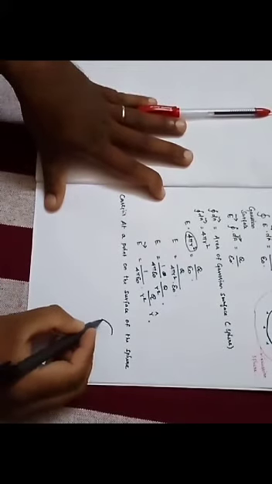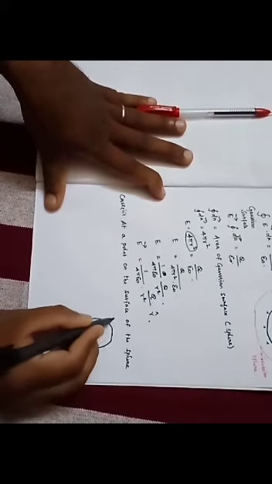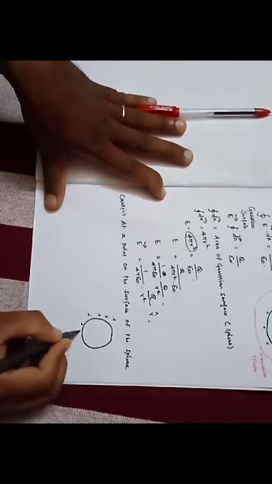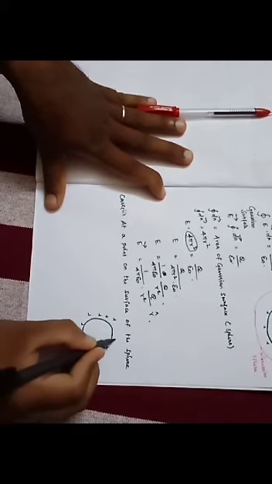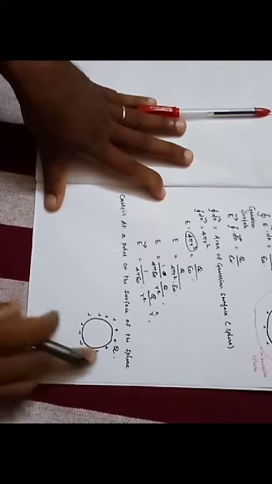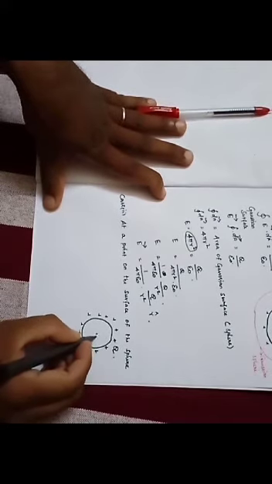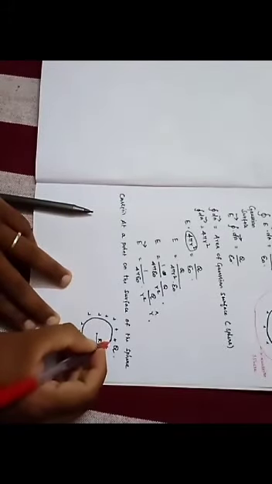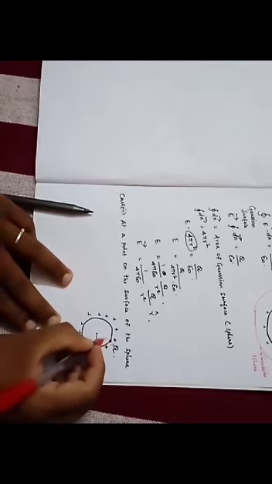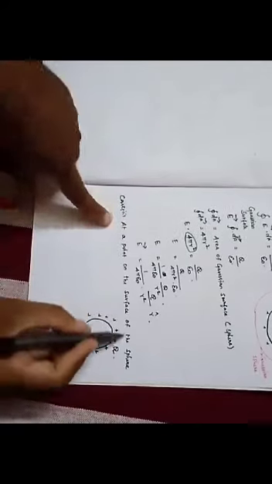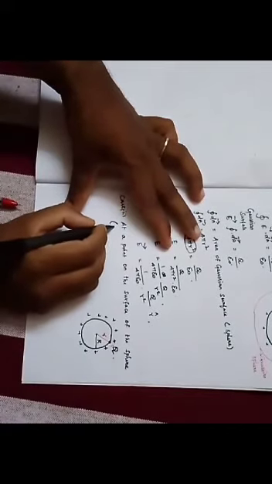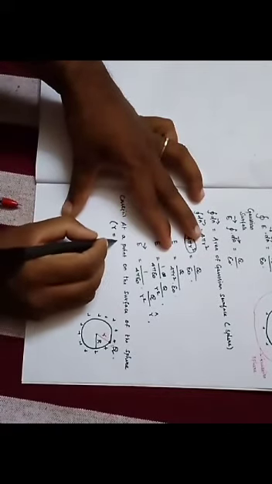We consider a charged sphere with total charge Q and radius R. We consider the point P on the surface, which means the radius small r is equal to capital R. So the distance r equals the radius of the sphere.